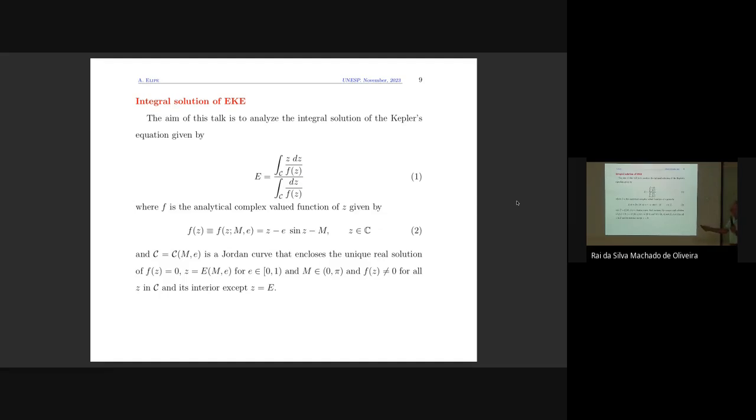Look at this, the function. And remember that this is a complex number. So we replace this here.